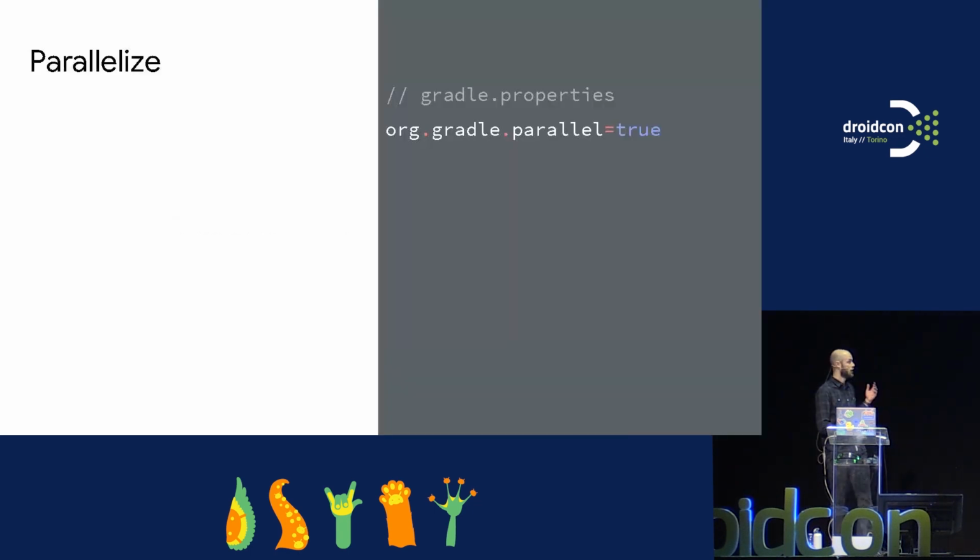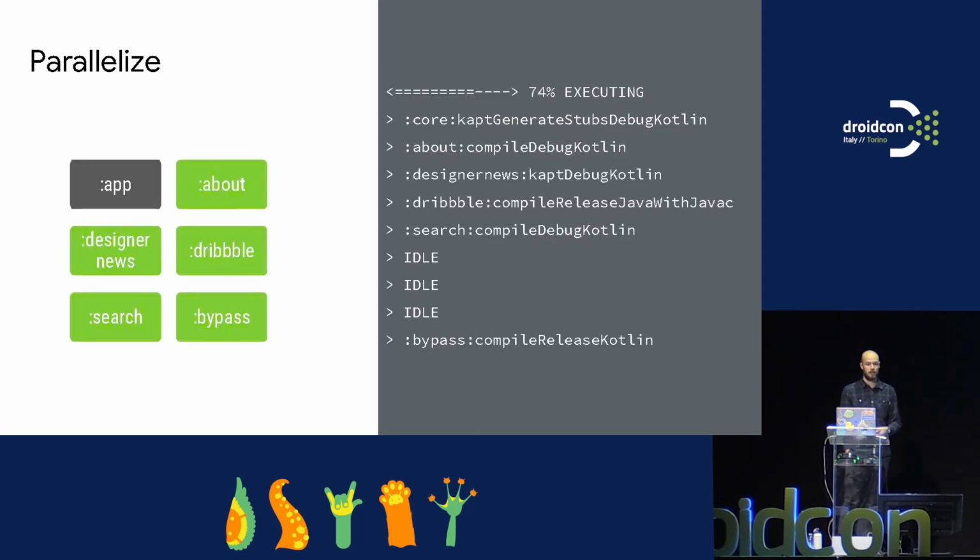You go to the Gradle properties and just set the flag parallel to true, which in turn allows Gradle to take all the configuration and all the Gradle modules that are available and spin up a thread for them and start compiling them in parallel. That means all the ones that are separate from one another, where there's no cross dependencies, can be compiled at the same time. This is really cool because it can cut down the compilation time, even the clean compilation time, quite a bit.